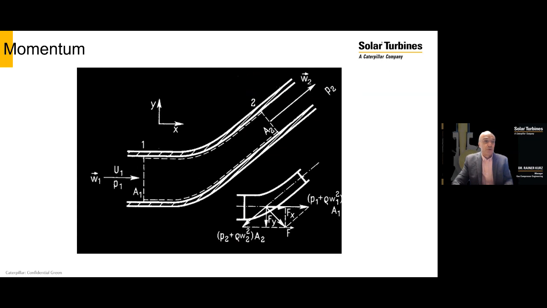The energy transfer actually works as follows. If I take a gas and I run it through, let's say, a bent pipe, where I basically force the gas from that direction into that direction, then one of the things that's going to happen is that gas exerts a force on the pipe.